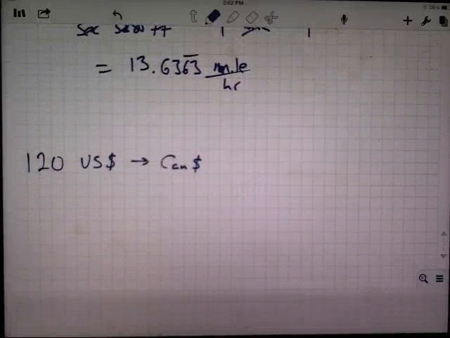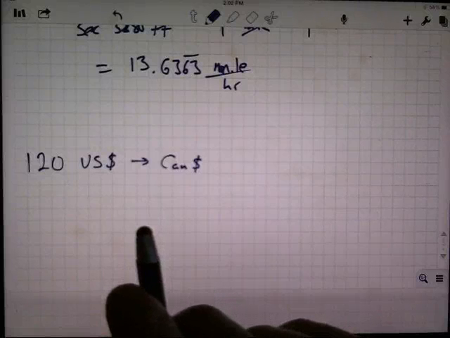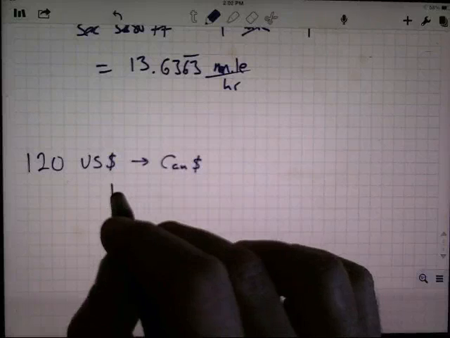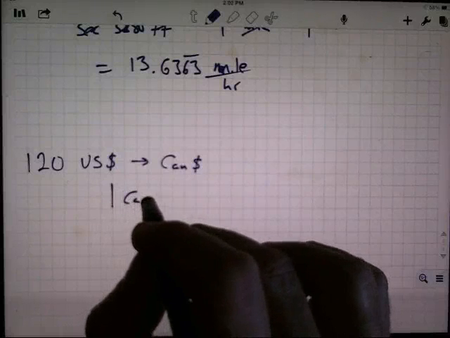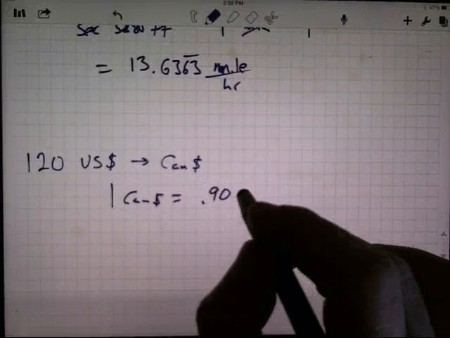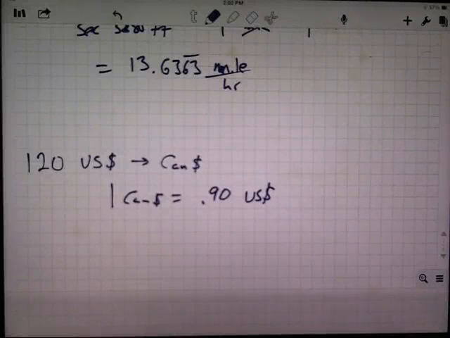One last one. Convert 120 US dollars into Canadian dollars. Well, I just happened to look up today that one Canadian dollar is equal to 0.90 US dollar. All right.